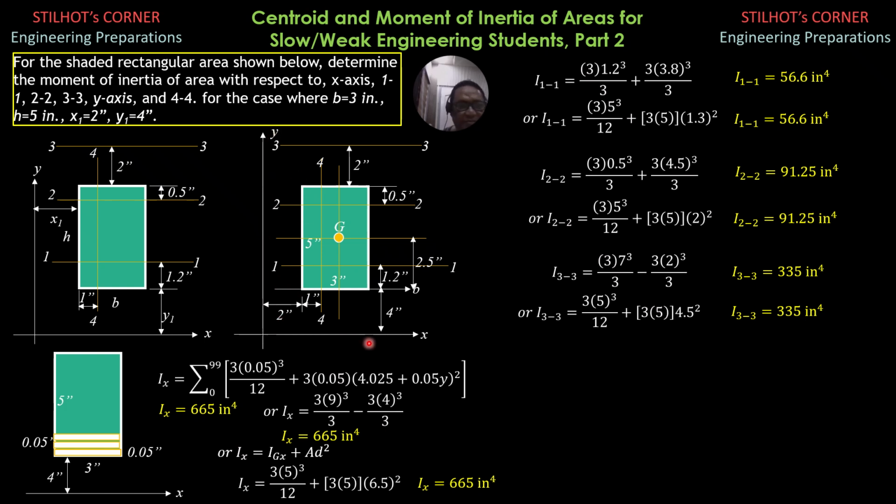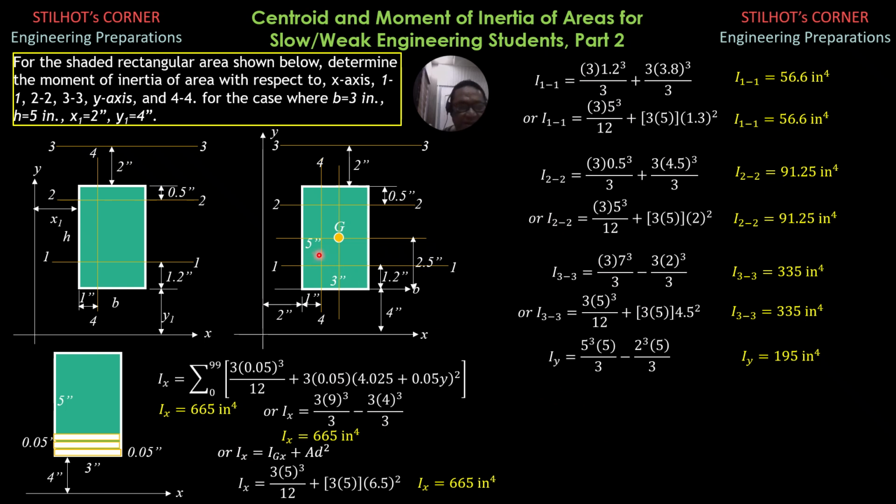So it is b cubed h over 3. So in this case, 5 cubed times 5 over 3 minus 2 cubed times 5 over 3, and that is equal to 195 inches to the fourth.